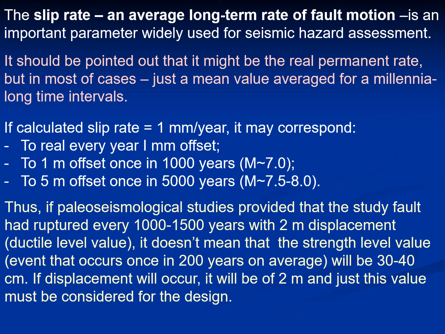So, if paleoseismological studies showed that the studied fault had ruptured every, say, 1,000 to 1,500 years with a 2-meter displacement, which is considered the ductile level value for the design, it doesn't mean that the strength level value, which is considered for the design as the event that might occur once in 200 years on average, will be smaller, 30-40 centimeters.